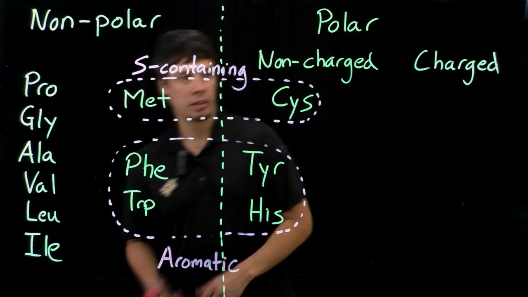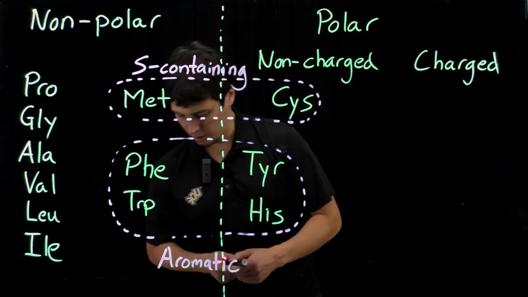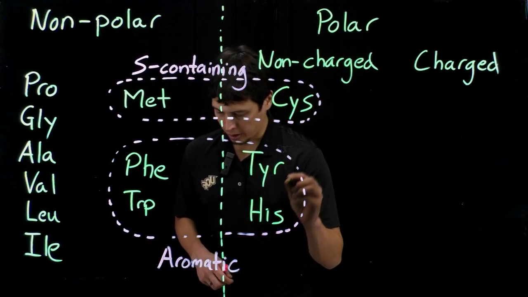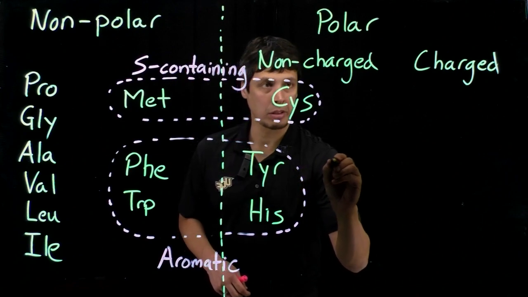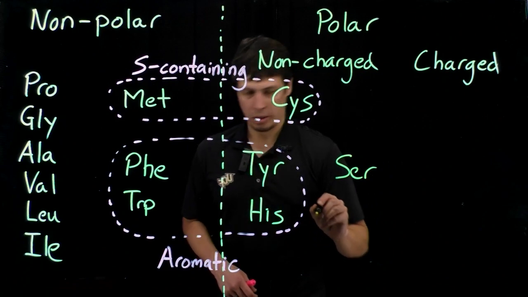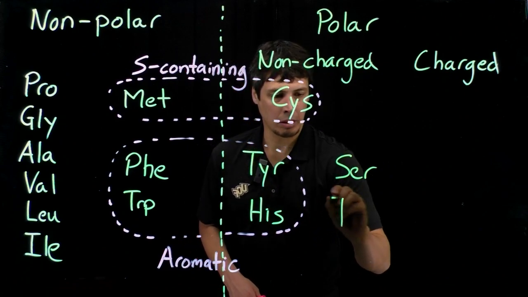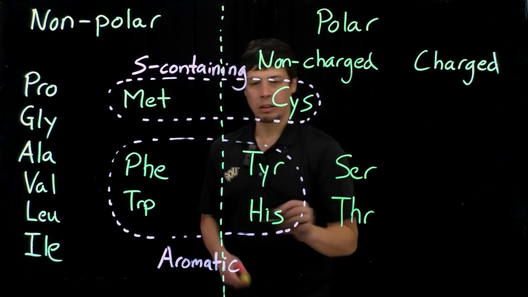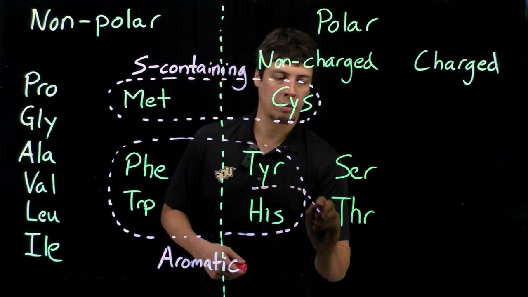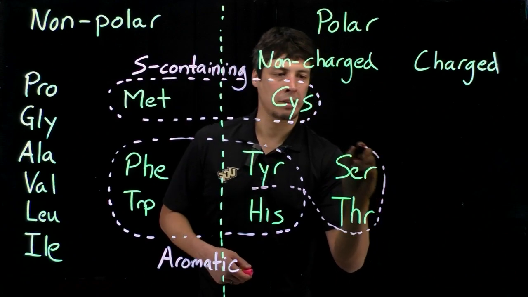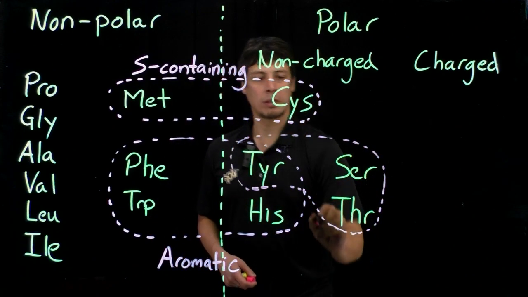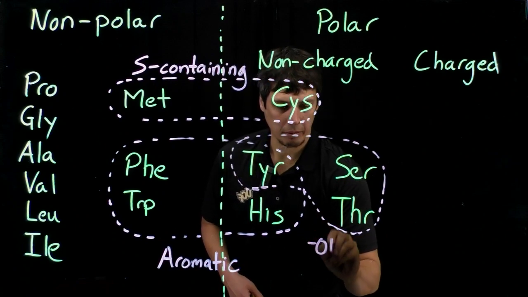Finally, we can go to the rest of our non-charged, so serine and threonine. And then these form a different group with tyrosine, where these have OH groups.